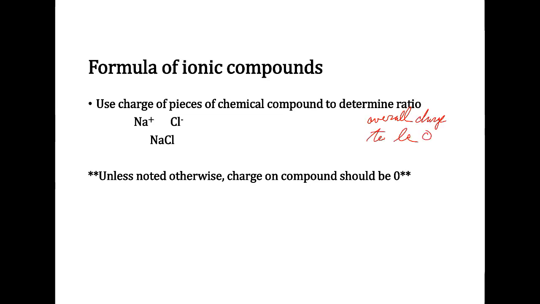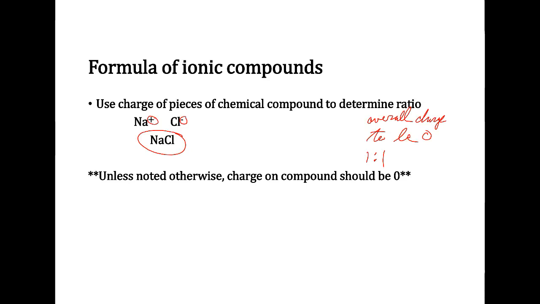This is a simple example because both of these have the same magnitude of charge. This is a +1, this is a -1. So it's the same magnitude but opposite sign. What that means is they're going to combine in a 1-to-1 ratio. So we will form the compound NaCl, which is sodium chloride.